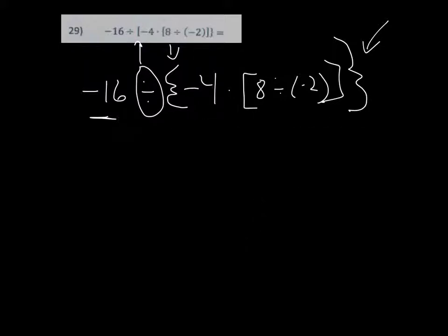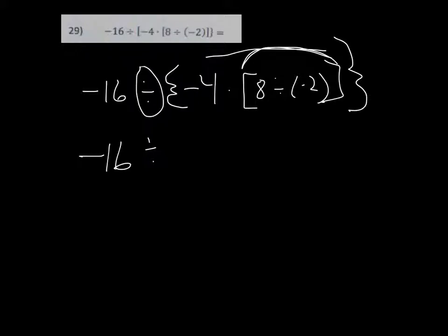So let's think about it. PEMDAS says parentheses first, right? So let's do negative 16 divided by, now we got to do this whole thing, right? Well, here's a parentheses inside parentheses, so we actually got to do this guy before we touch the negative 4.